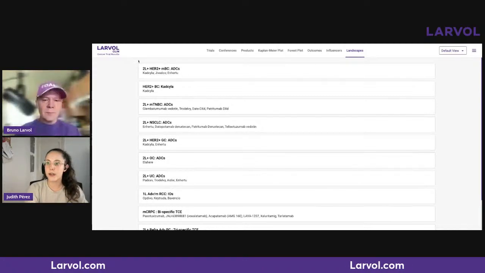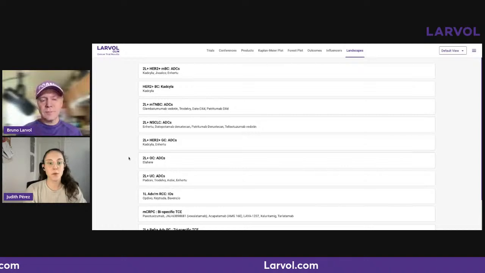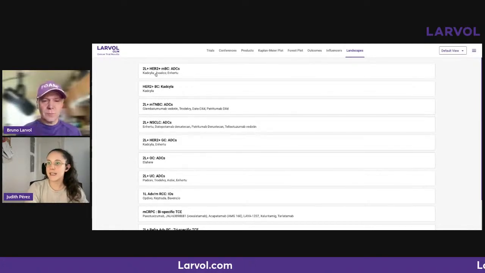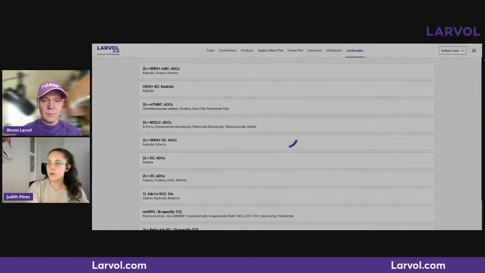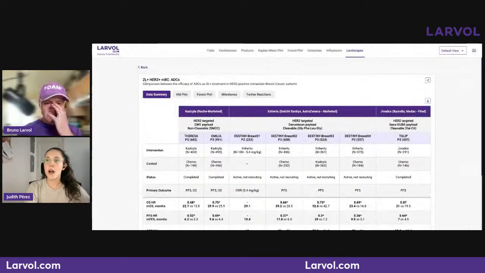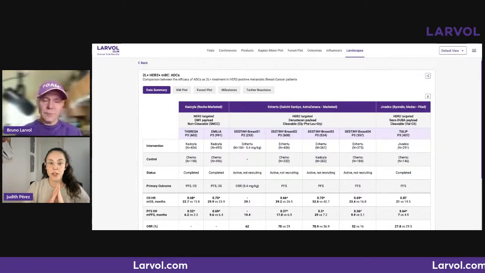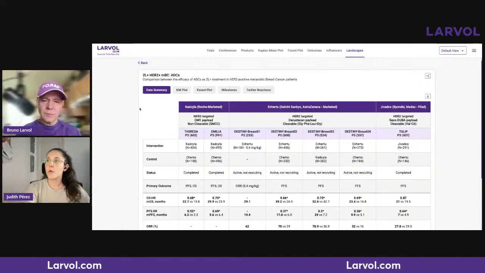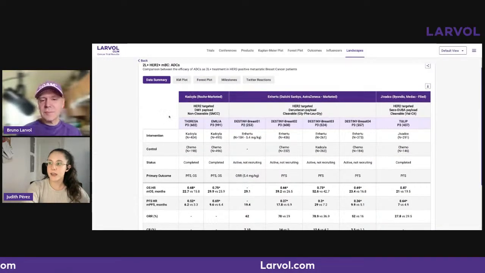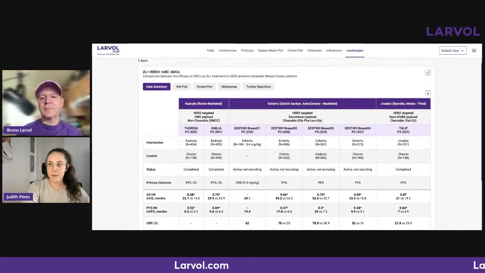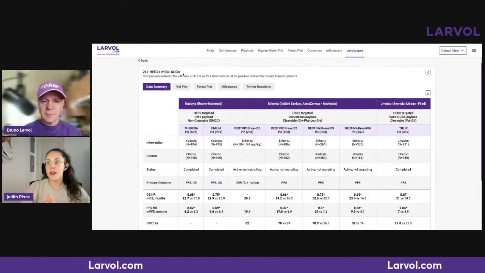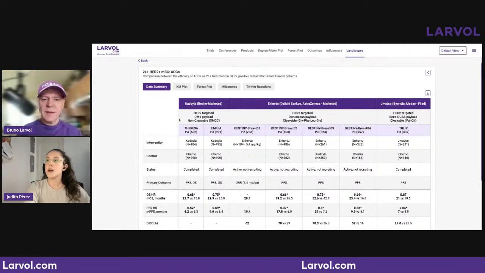Then also we have other listed landscapes in here that we can check out. And the idea, let's go first to one of those, would be to have all this data that we have in CLIN in, first of all, a structured data summary, where we have all the trials that are in this KPD, and we compare them at different levels.